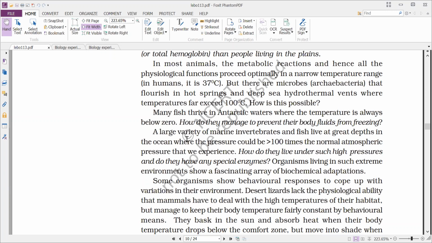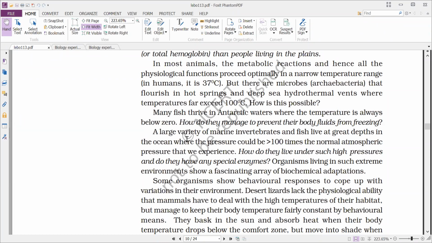Even archaebacteria, which live in hot springs or deep sea hydrothermal vents where the temperature is beyond 100 degrees centigrade, are able to survive these high temperatures. How is this possible? Because they are able to maintain optimum function at that temperature.